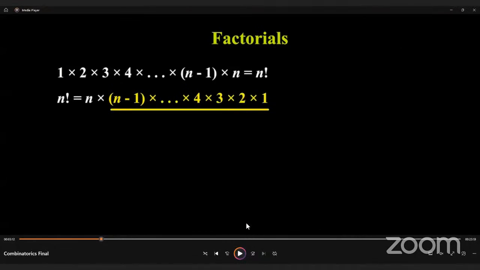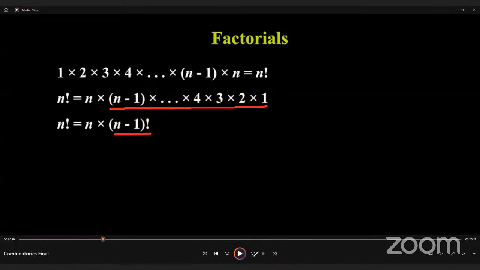But we're going to look at this. It is defined recursively: n factorial equals n times n minus 1 factorial. Because this whole thing is just n factorial.